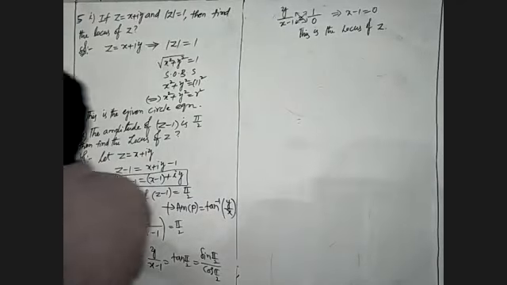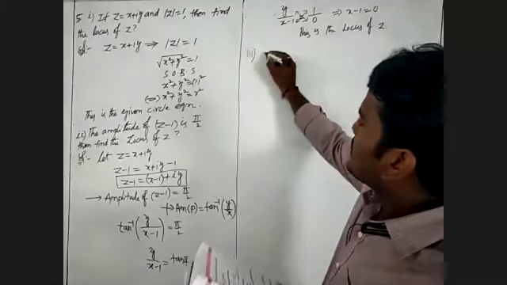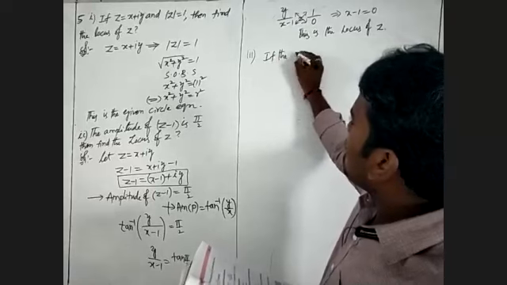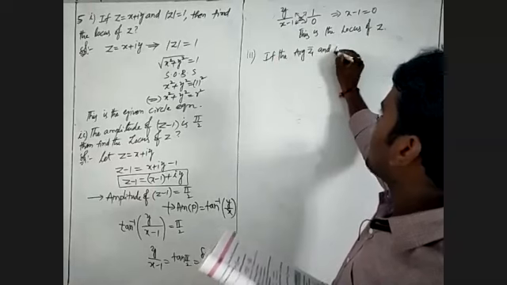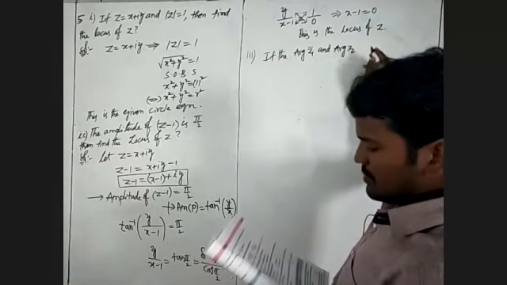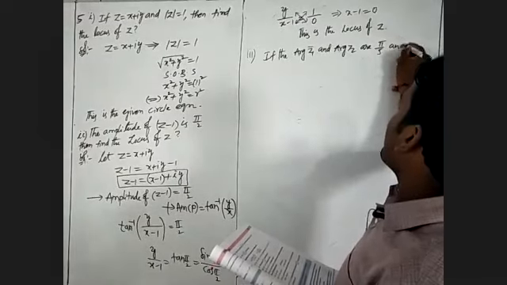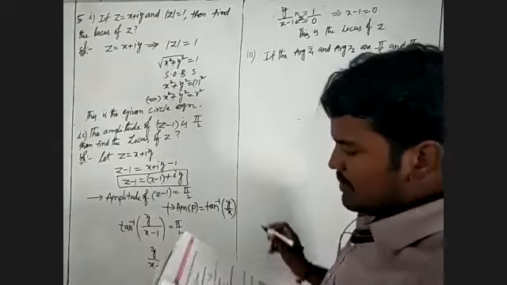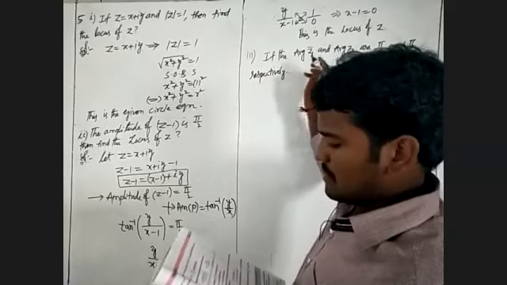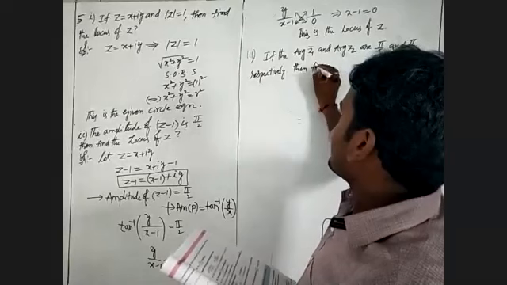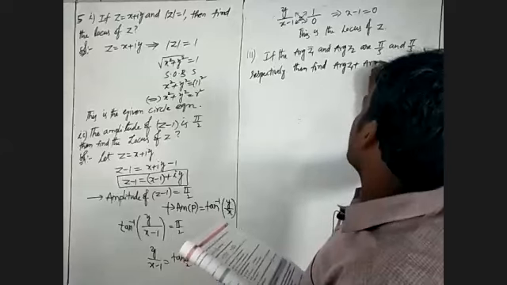Now I am going to the third problem. This is most important for 2 marks. If the argument of z1 bar and the argument of z2 are pi by 5 and pi by 3 respectively, then find argument z1 plus argument z2.